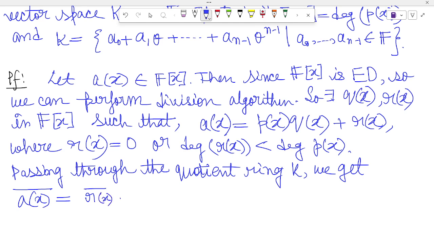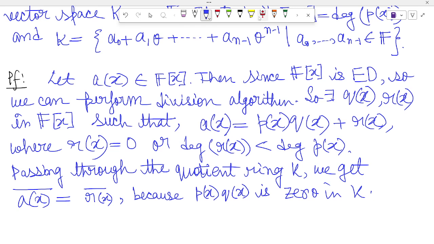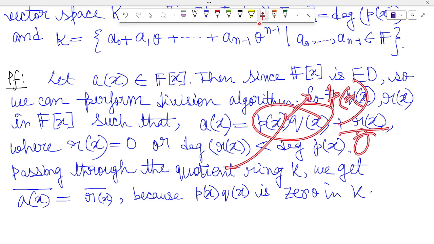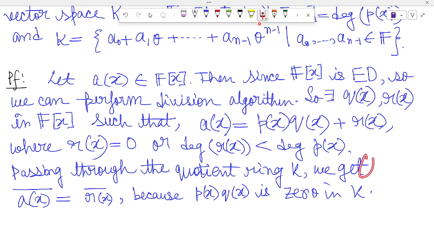They are same because that term is a multiple of p(x), so that will be absorbed into the equivalence class of 0, which is 0 bar in the quotient. p(x) is 0 here in the quotient.